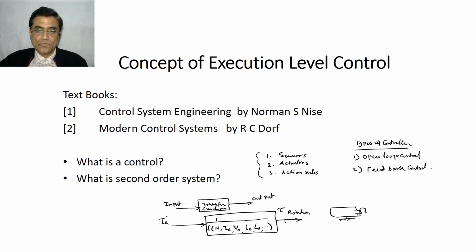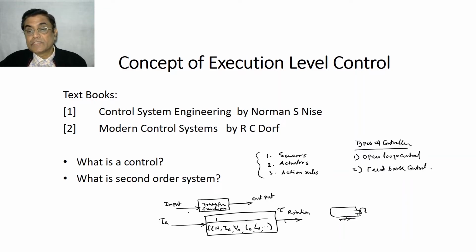So you increase armature current, torque may increase. Decrease it, torque will decrease, of course up to a certain point. And why armature current? Why not armature voltage or line voltage? Mathematically it is possible, all the parameters can be controlled mathematically, but controllability is an issue.